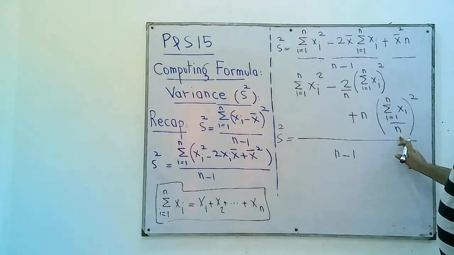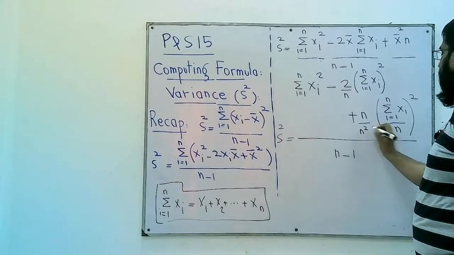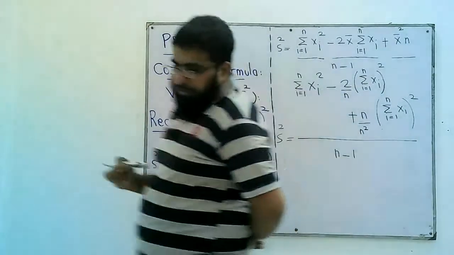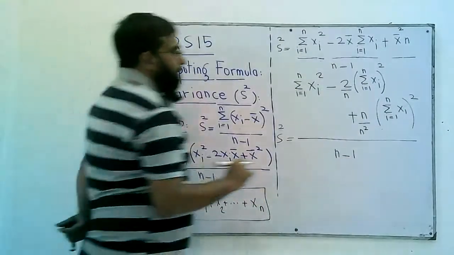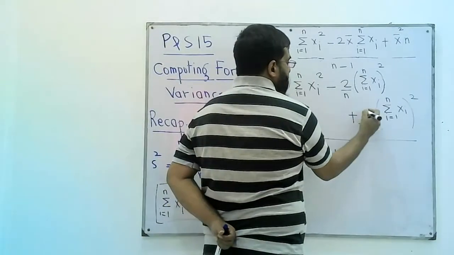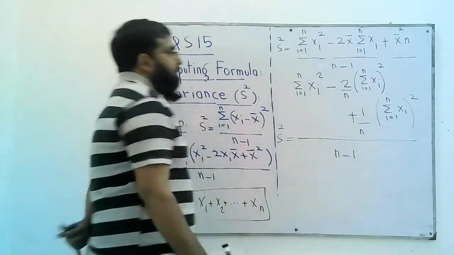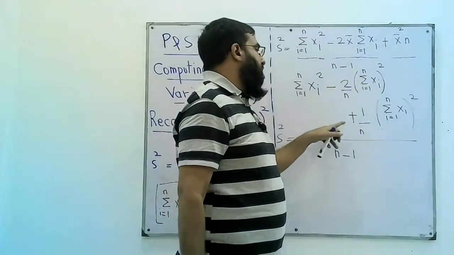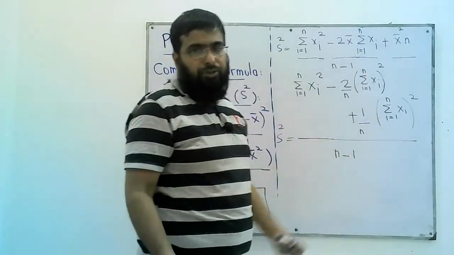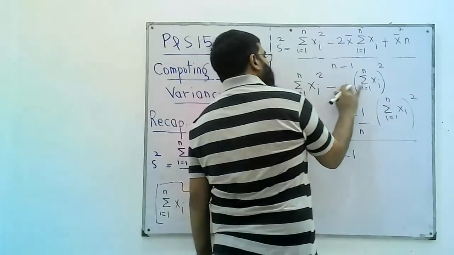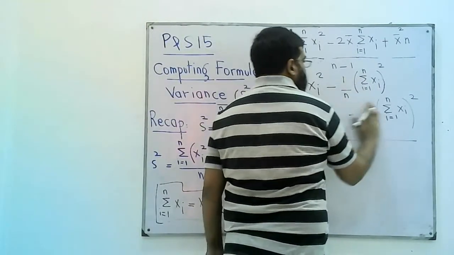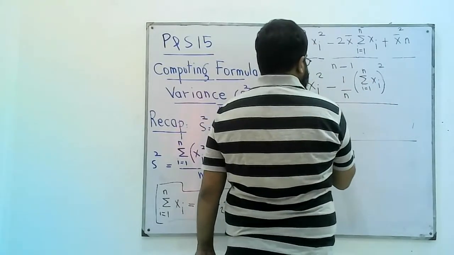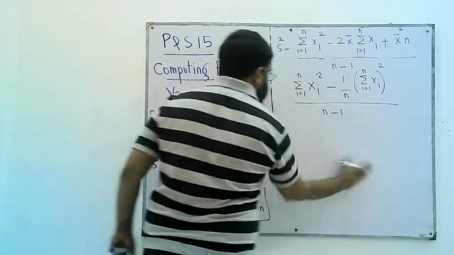And then this is n squared, which we can take out of the denominator. Now things are pretty manageable because n over n squared gives us 1 over n. We have minus 2 over n times this squared, plus 1 over n times this squared. This leaves minus 1 over n times this squared, all over n minus 1.